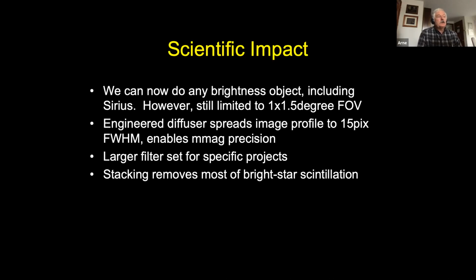The engineered diffuser spreads the image profile out over many more pixels than a straight through, carefully focused image, and that means then that you can get higher dynamic range for your individual images taken with these systems. So you can actually get down into the millimag range with each individual exposure that you take.